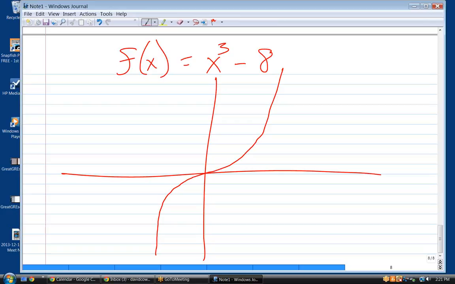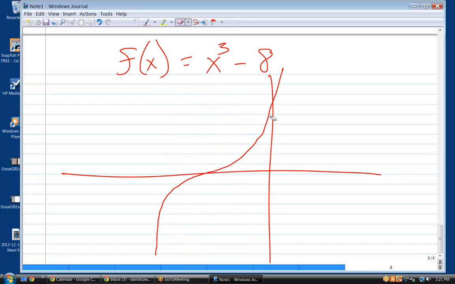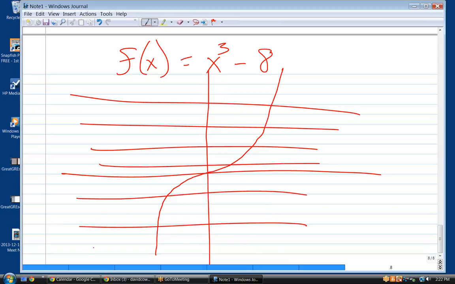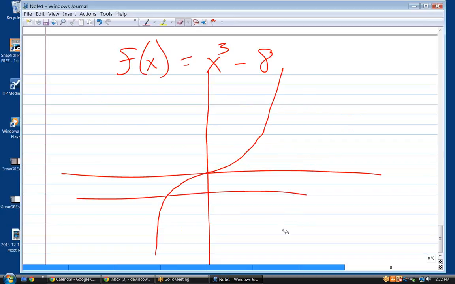Something is a one-to-one function if it passes the vertical test, which this does, and it has to pass the horizontal test, which is, can I draw horizontal lines without passing through two different points? And yes, I can. So this is one-to-one.